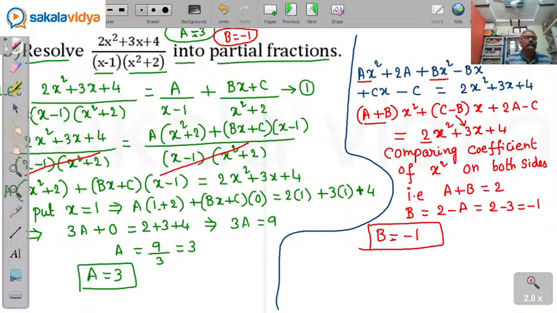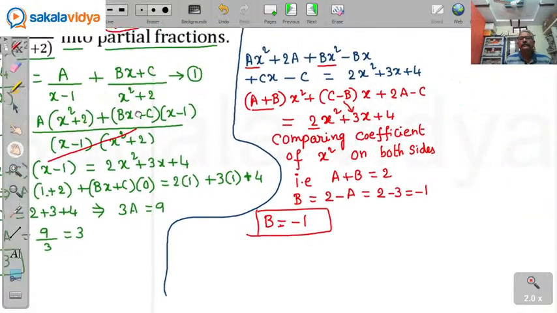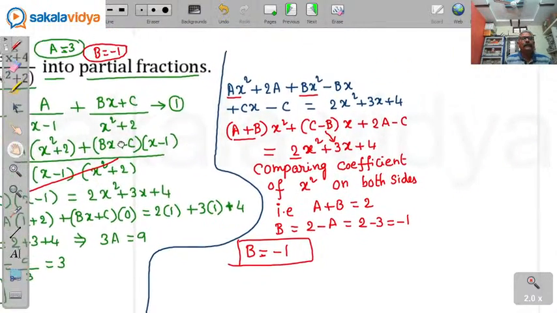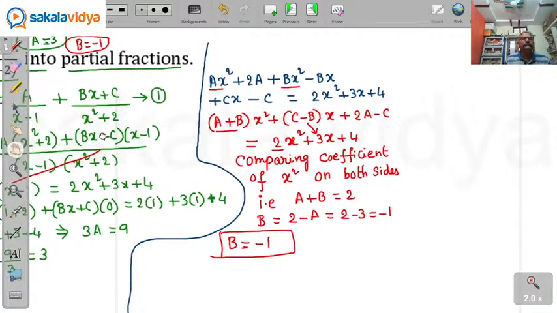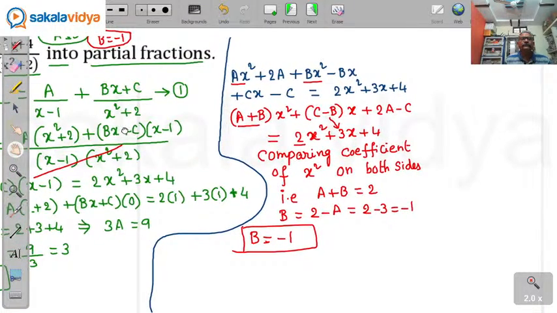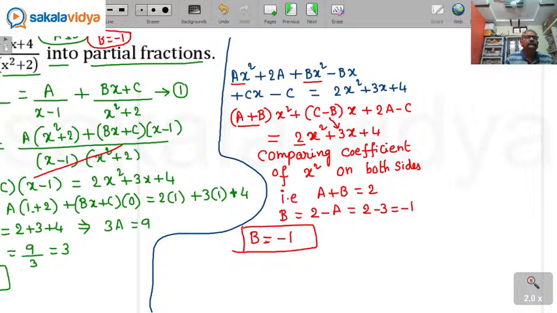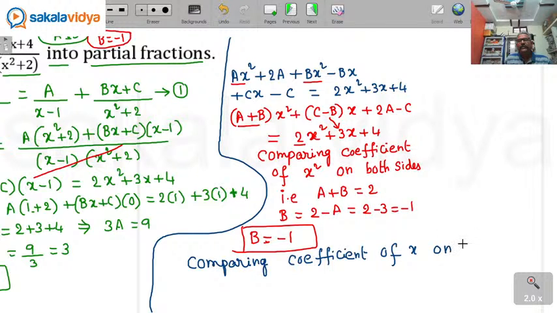So now comparing the coefficient of x on both sides.